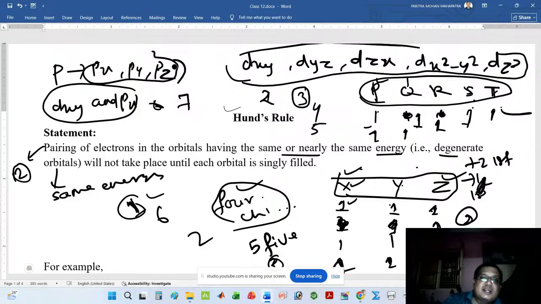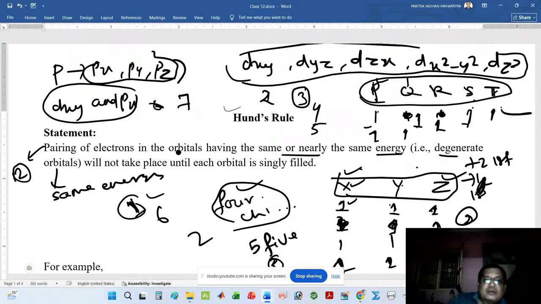Your px, py, pz are three degenerate orbitals. But you cannot say that dxy and px are degenerate orbitals, because dxy belongs to the d subshell and px belongs to the p subshell.